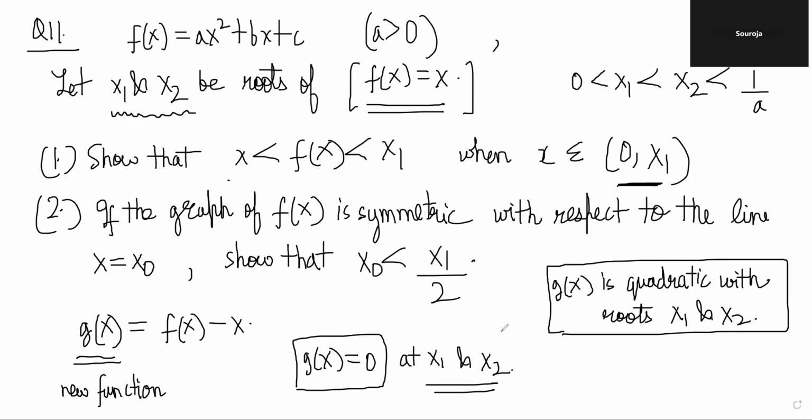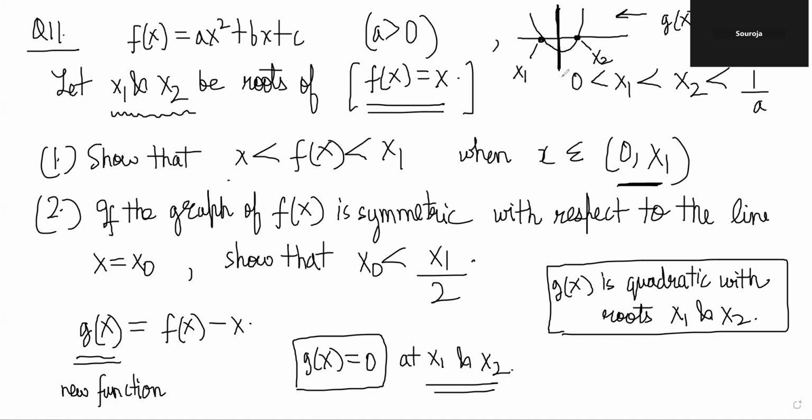Now, if you think of a quadratic with roots x1 and x2, let's say this is my graph of g(x). This is x1, this is x2. If the two roots are known to you, you should know that the vertex will be at the midpoint of the roots.